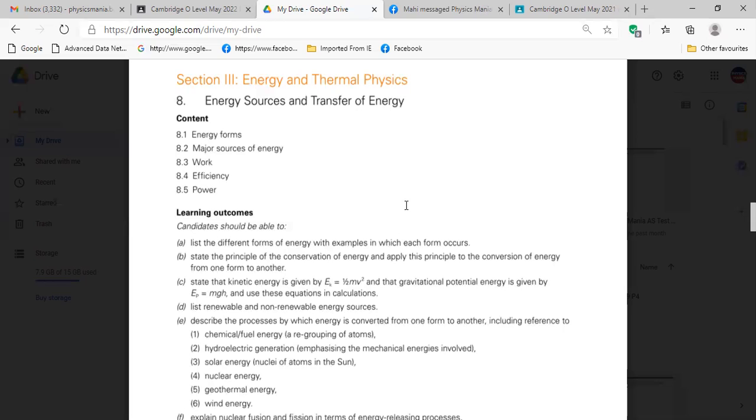Fossil fuels: you wrote petroleum, then natural gas, then coal. Then nuclear. So in non-renewable energy, we have these four sources, right?